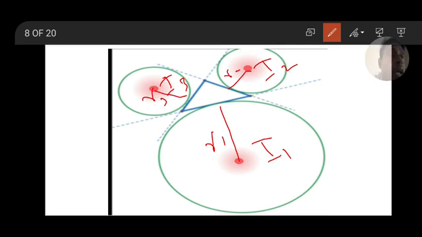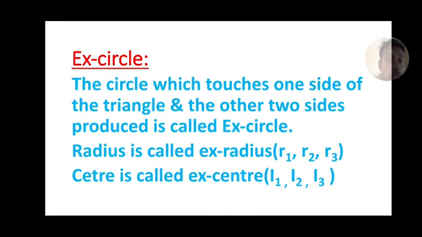The radii are called exradii, r1, r2, r3, and the centers are called excenters. So the circumcircle passes through the vertices of a triangle. The incircle is inside the triangle touching all 3 sides. The excircle touches one side and the extended 2 sides, outside the triangle. There are 3 excircles.